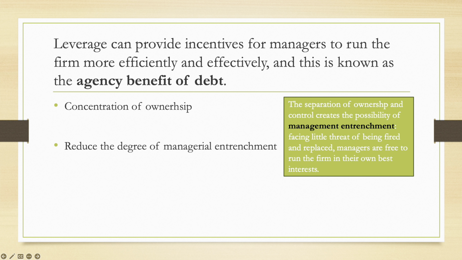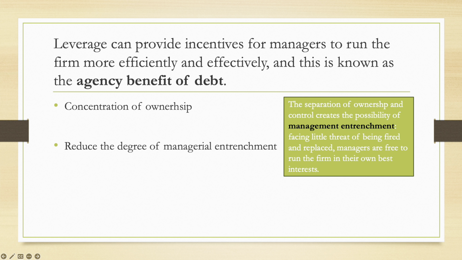Practical examples of management entrenchment include overspending on personal perks. Managers may make large, unprofitable investments as empire building or just because they are overconfident.